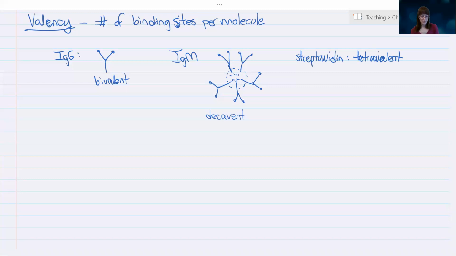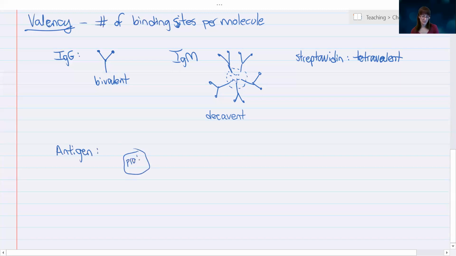There may be more than one epitope on the antigen. So if you have this big protein antigen, it may be monoepitopic, where it has just one epitope.